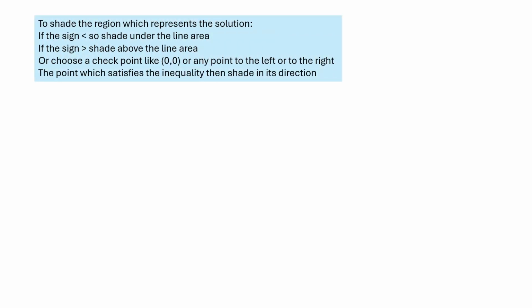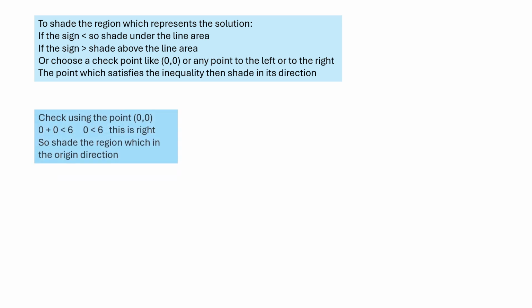Shade the region which represents the solution. If the sign is less than only, shade the area under the line. If the sign is greater than, shade the area above the line. Or choose a checkpoint like 0, 0 or any other point to the left or to the right of the line, the point which satisfies the inequality, then shade in its direction.